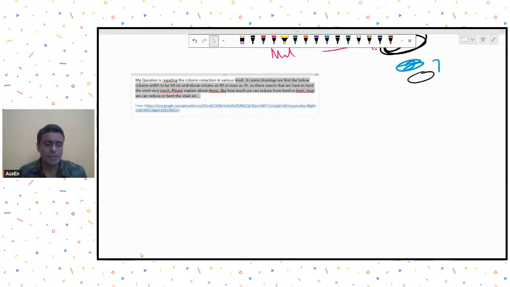So he is basically asking about the detail that may have to be used when you are going to face a column reduction at successive floors. And then he had also shared one drawing. So what I will do is I'll just open the drawing for you and we'll see what he's asking. Okay. Yeah, just give me a minute.